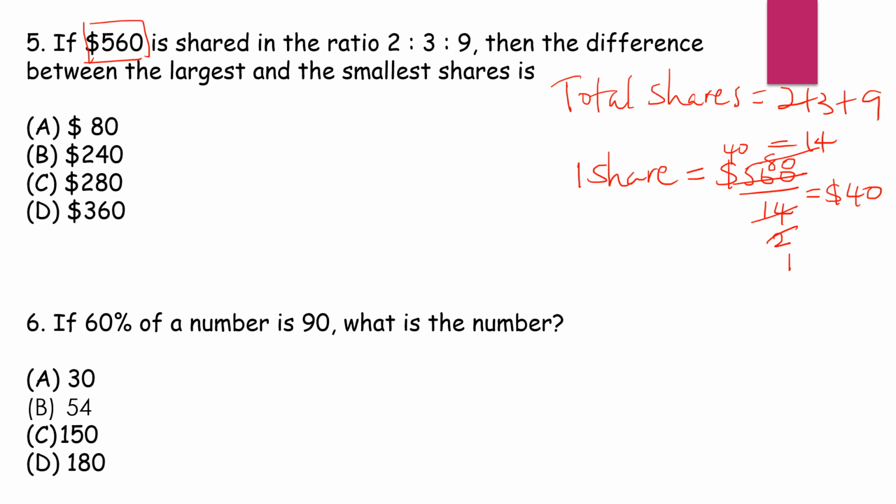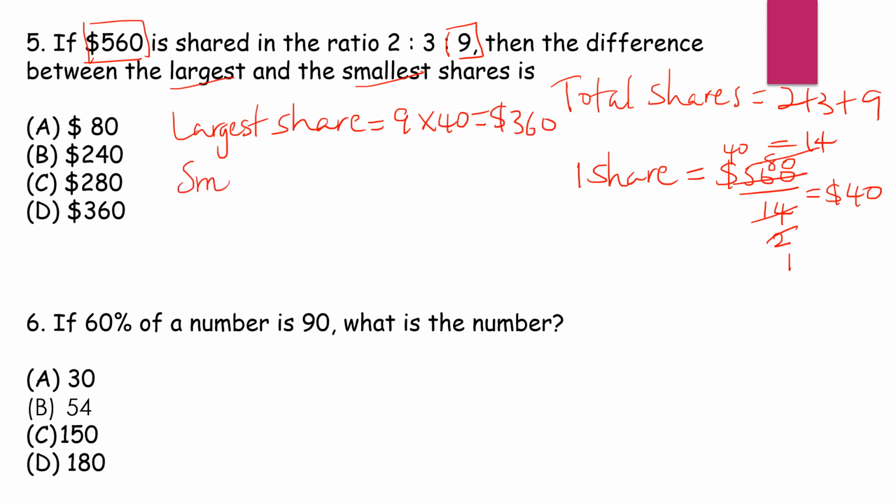So we want the difference between the largest and the smallest. So the largest would be 9. So largest share, we multiply 9 by 40. We get 360. Smallest share would be 2.